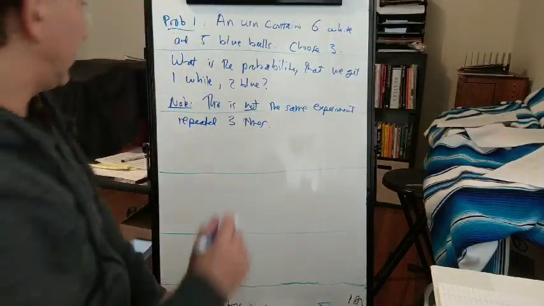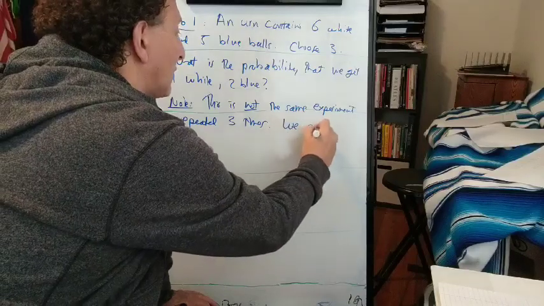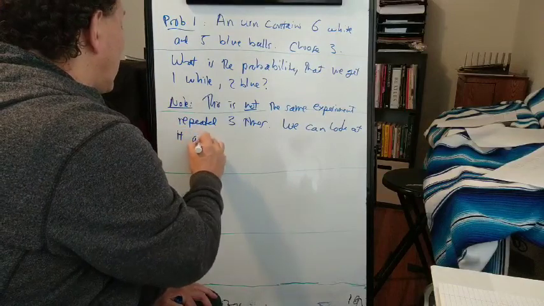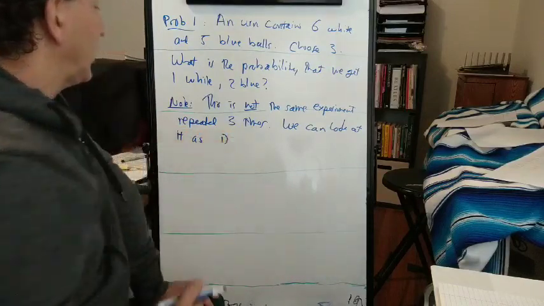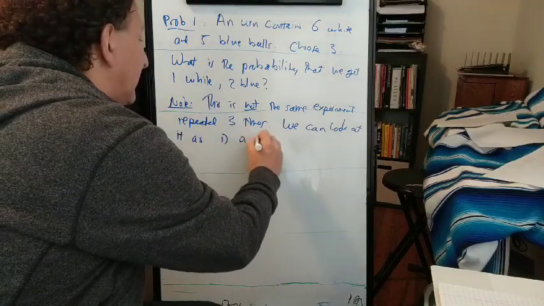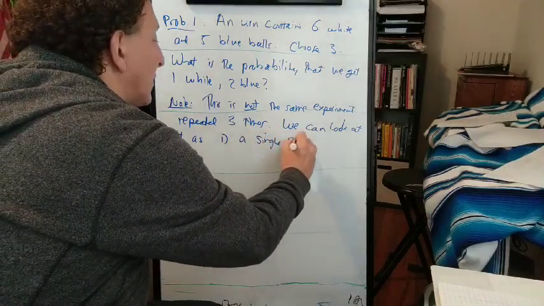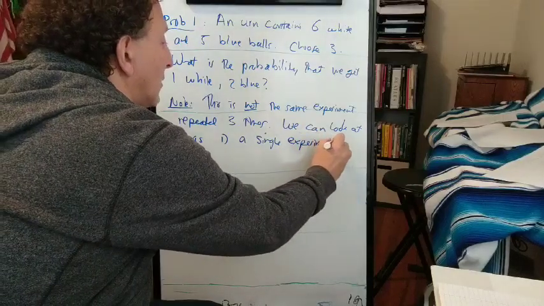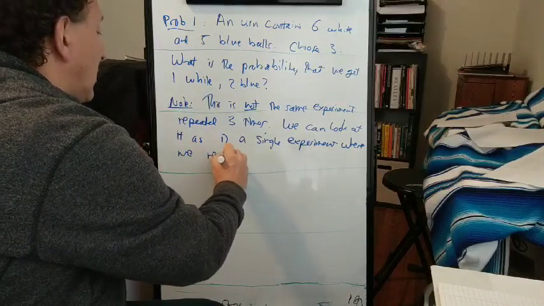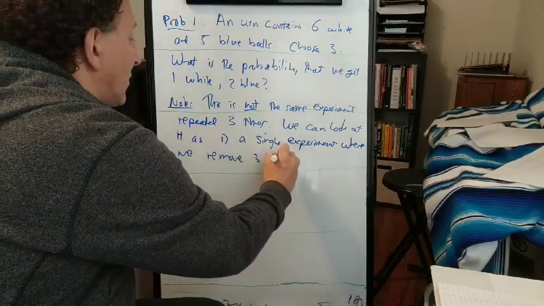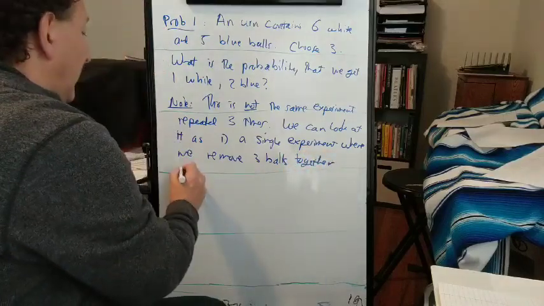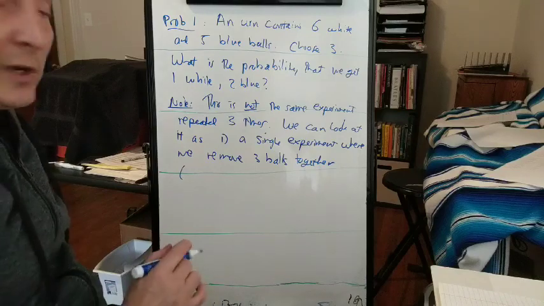We can look at it 2 ways. So we can look at it as a single experiment where we take 3 balls out at the same time. And if we do that, then we're ignoring order.